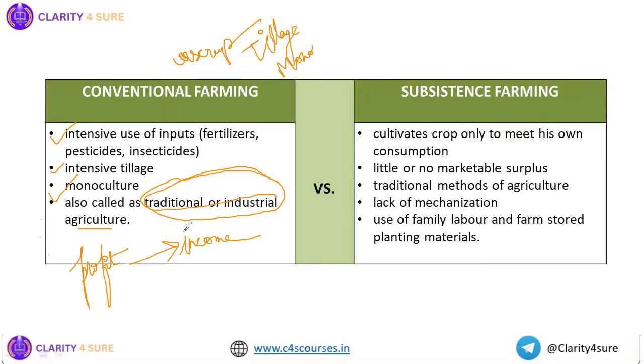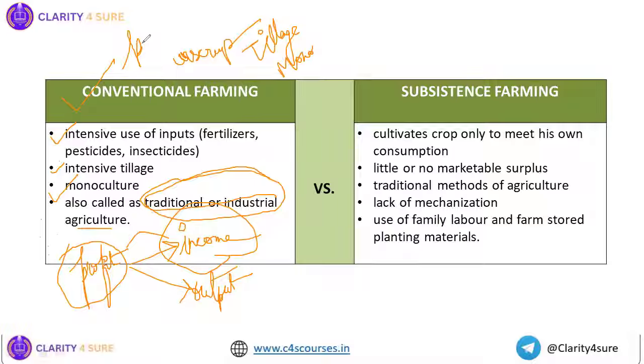By using more inputs, they want to increase the output, or the production of the crops. When the production increases, automatically the income will increase, and then the profit will increase, right? So when we talk about conventional farming, it is mainly about the profit part. This is basically a profit earning venture.